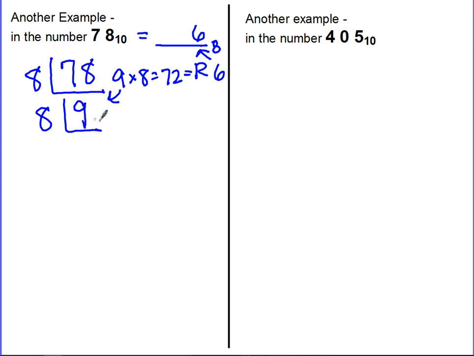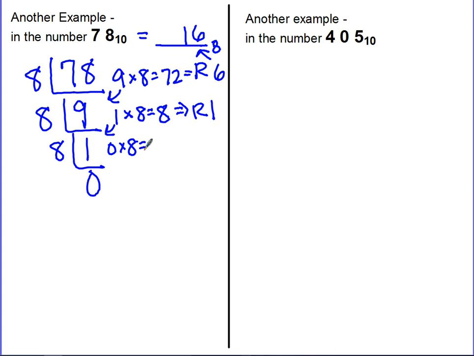How many times does 8 go into 9? Well, 1 times 8 gives me 8. 9 minus 8 gives me a remainder of 1. And then I have 1 thing left over to divide. 8 goes into 1 0 times. So I have a remainder of 1.